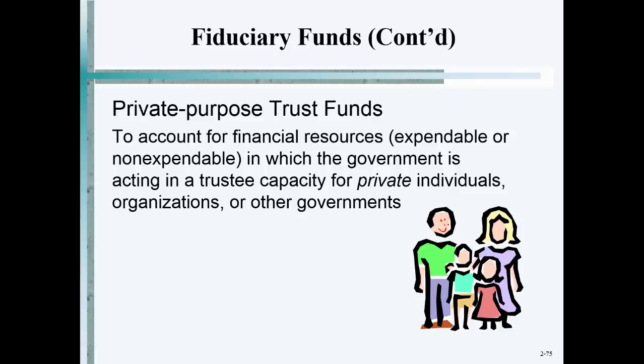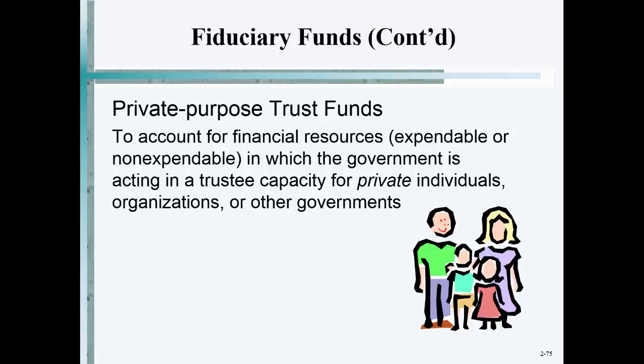Even though it's a private entity, the city may agree to do that because it's helping police officers in their city, whatever, right? If they're going to do something like that, they account for that in a private purpose trust fund because it's not a public purpose. It's for the children of police officers maybe who were killed in duty or something like that, and they may hold that fund in a private purpose trust fund. Again, we'll get into the detail, the activity of all of these, when we get into Chapter 8.